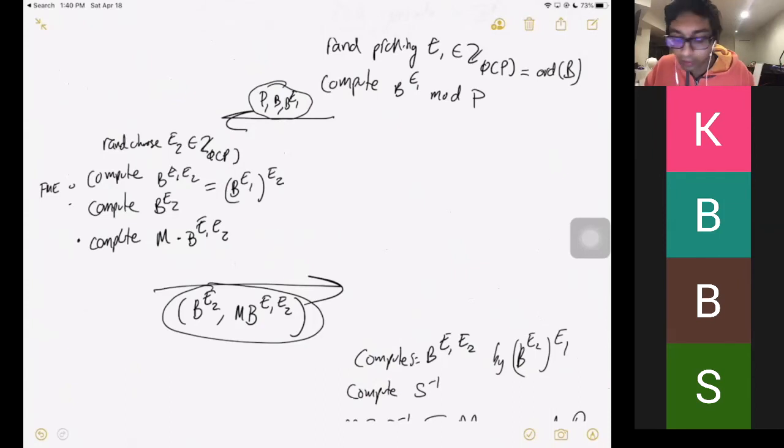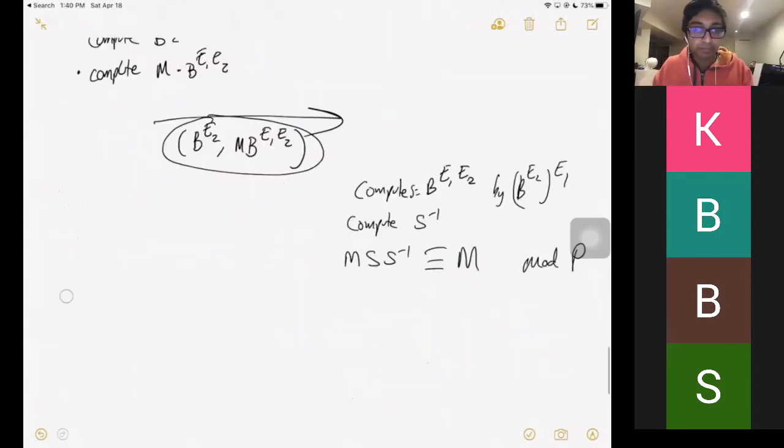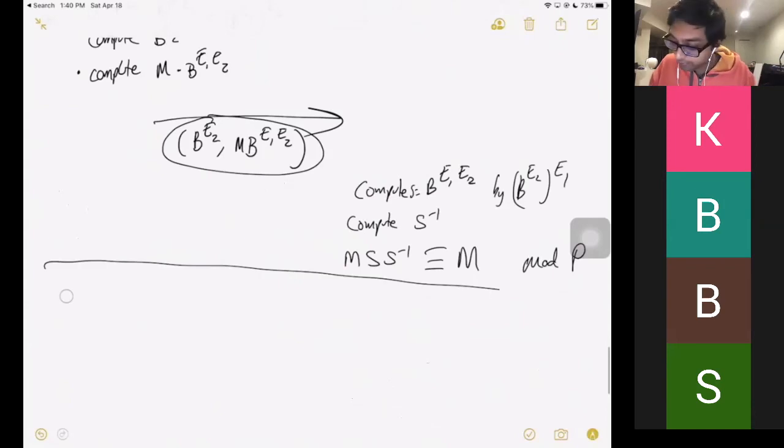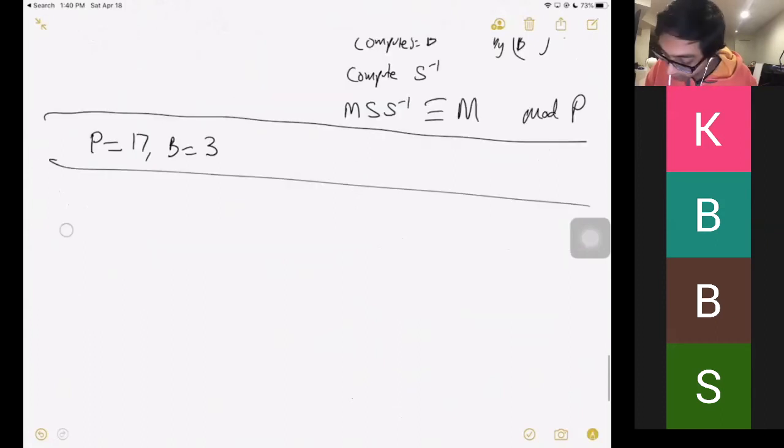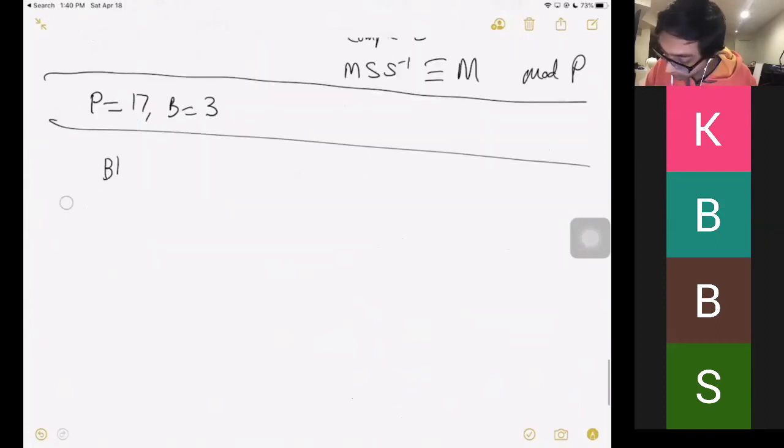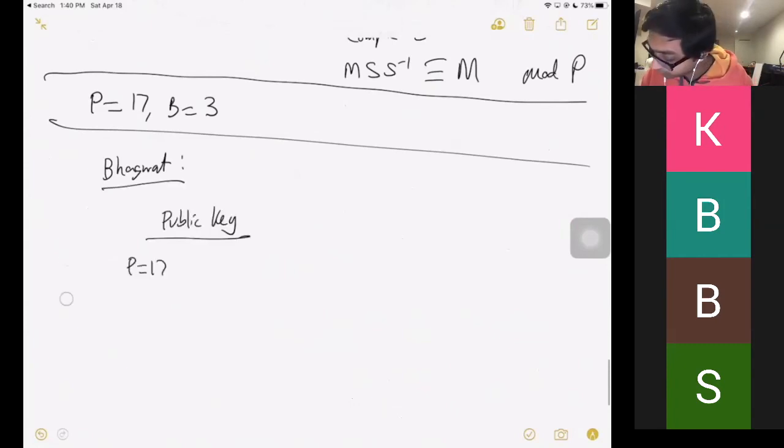So p is equal to 17, b is equal to 3, right? Let me just start it off like this. Bhagwat has posted this public key. Specifically, p equals 17, b equals 3, and b to the e1 is equal to 6. Now, privately, Bhagwat knows that e1 is really equal to 15, right?